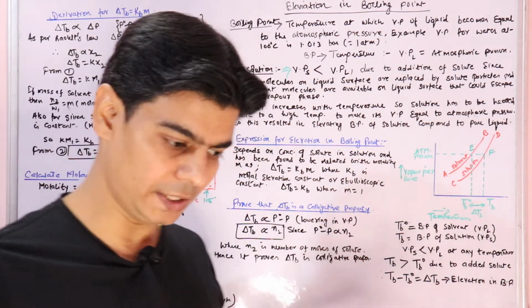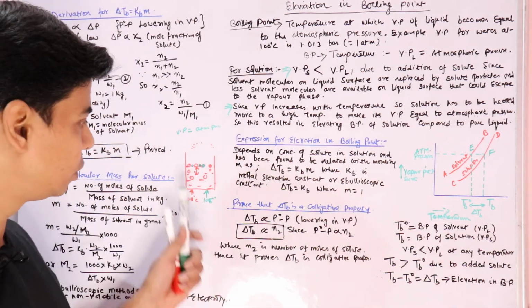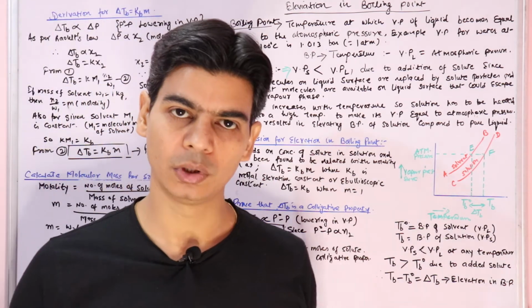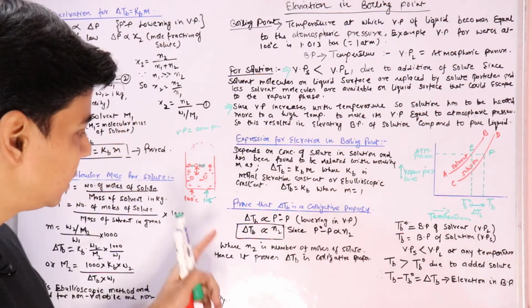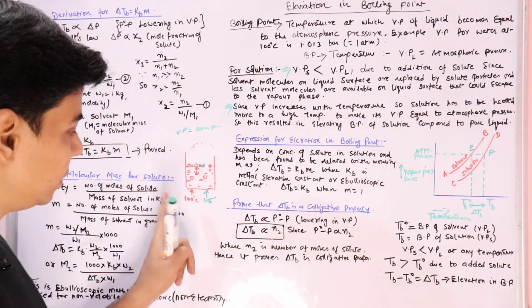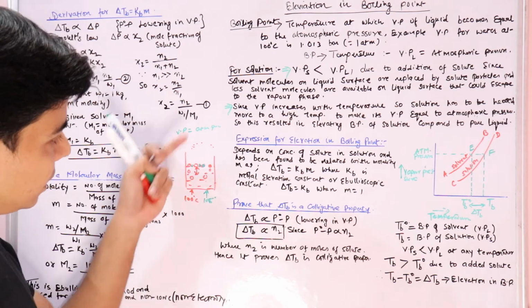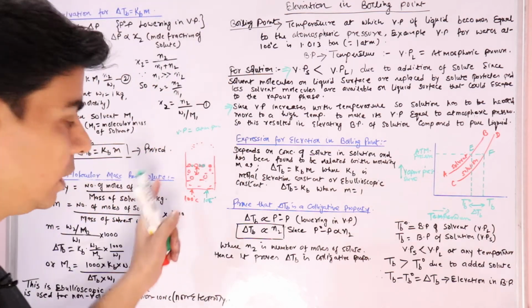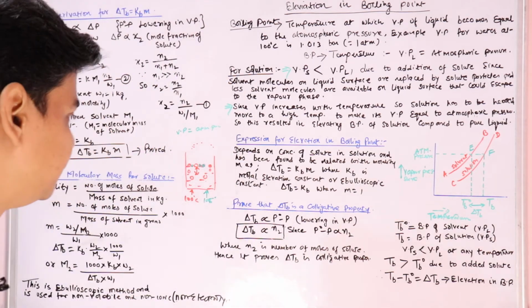And this elevation in boiling point depends on the solute added, because when we added solute to it, the added solute caused the vapor pressure to fall down. Then we increase the temperature to increase the vapor pressure so as to make it equal to the atmospheric pressure, so that the solution will again start boiling.